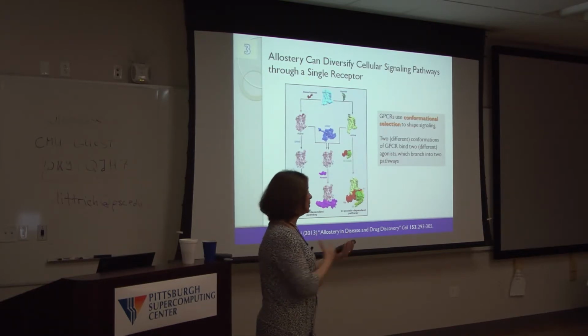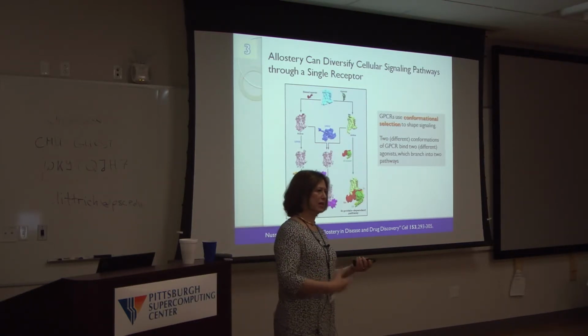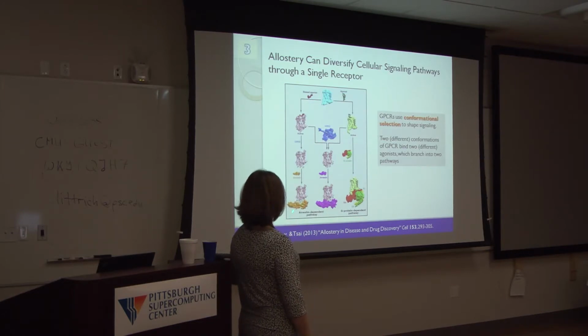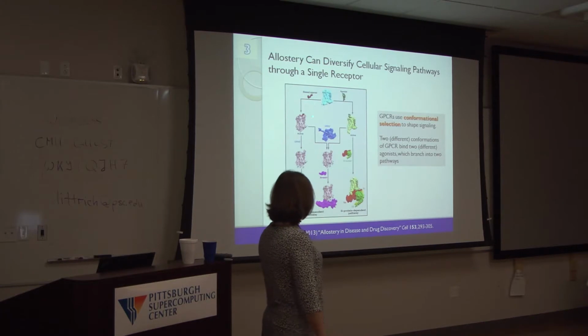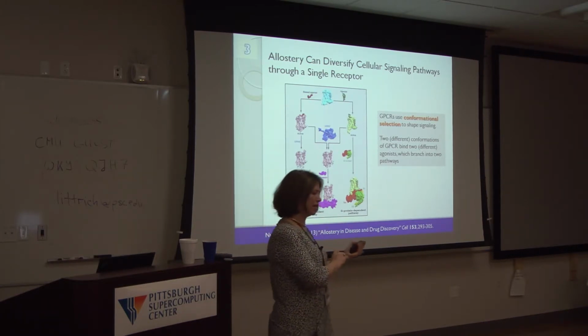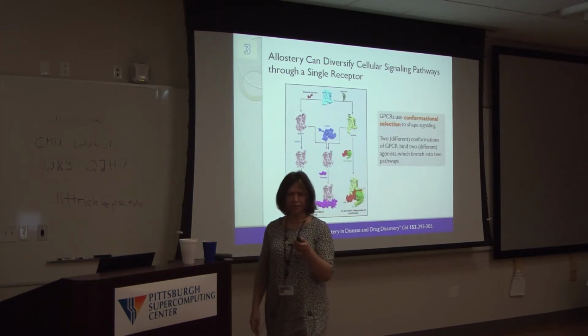It may bind a biased agonist or an agonist, and it would bind at different positions, this one and this one. Then depending on the substrate that it binds, you have either a G protein-dependent pathway that is activated, or an arrestin-dependent pathway. These are different functionalities. So your drug may be binding different sites, and they may have different cellular consequences. This is an important concept.